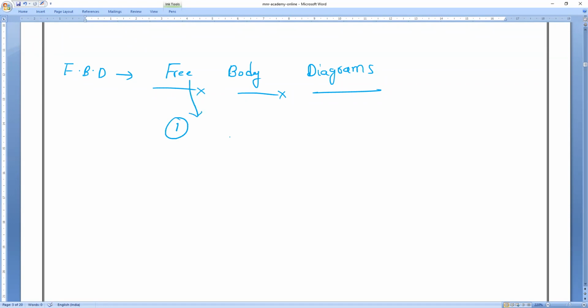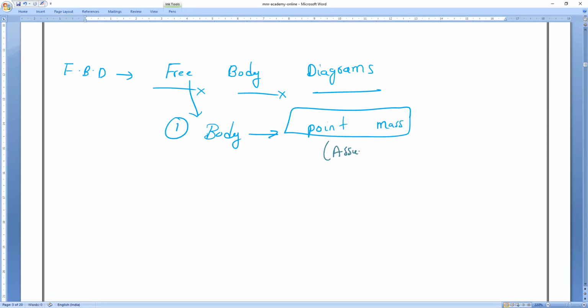The meaning of free body diagram is that they will give big bodies, big mass, very large size. Whatever the body, you must always consider it as a point mass. That is the first assumption that must be made by you all.